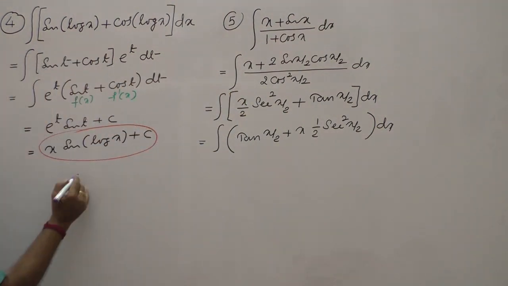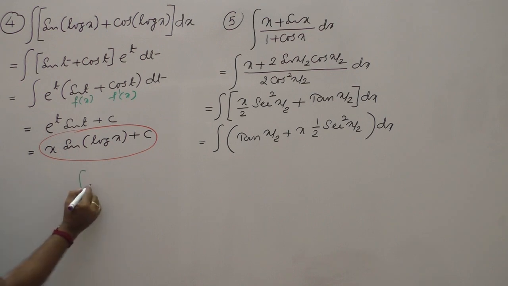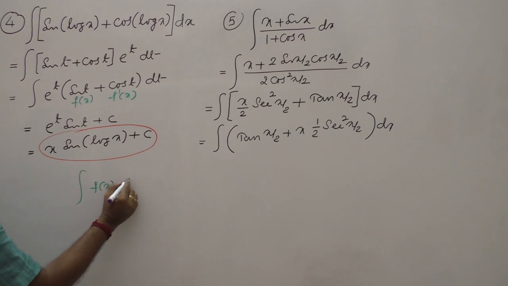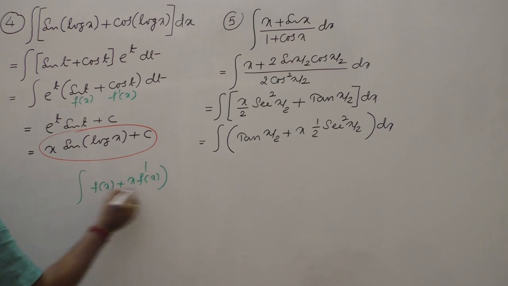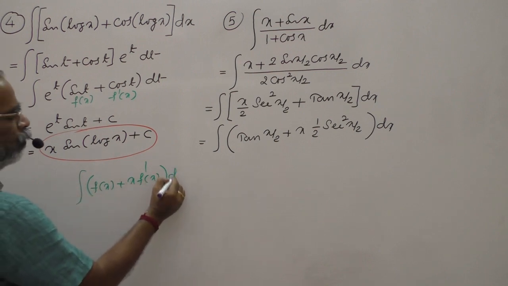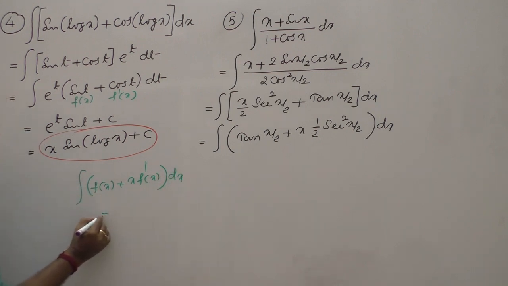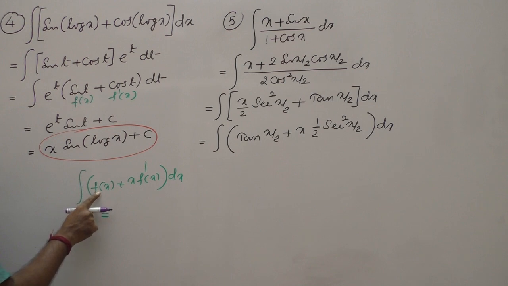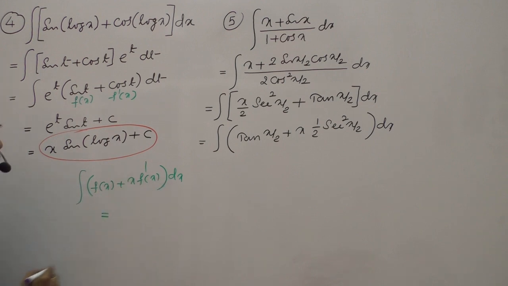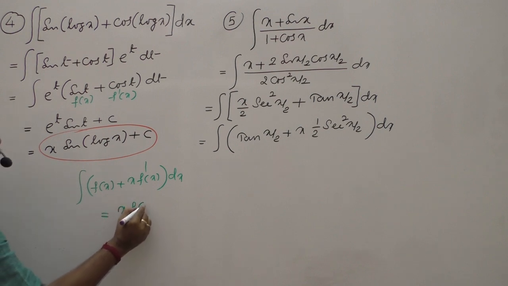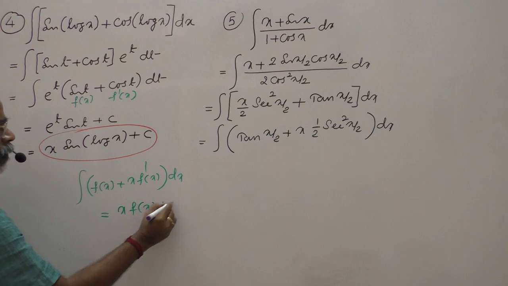We have seen a formula: integral of f of x plus x into f dash x. Also seen this, and it is important. If integral of f of x plus x into f dash x dx, what will be the integral of this? See the list. Today only we have seen this.